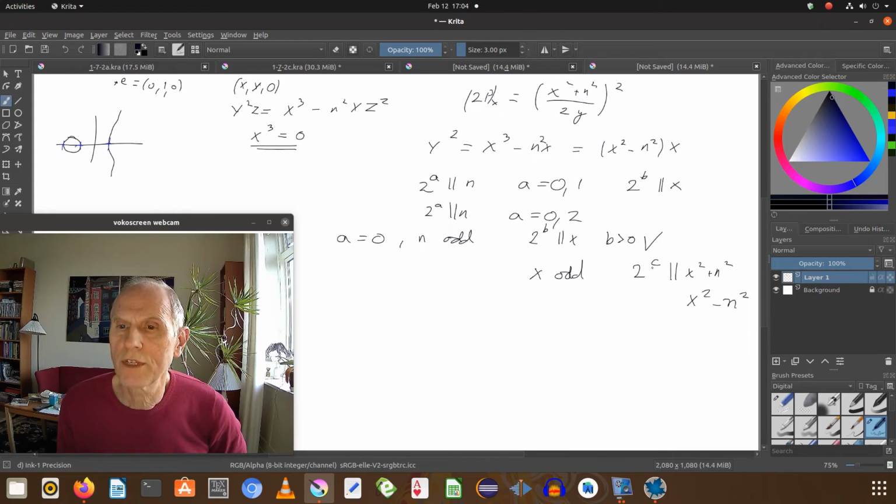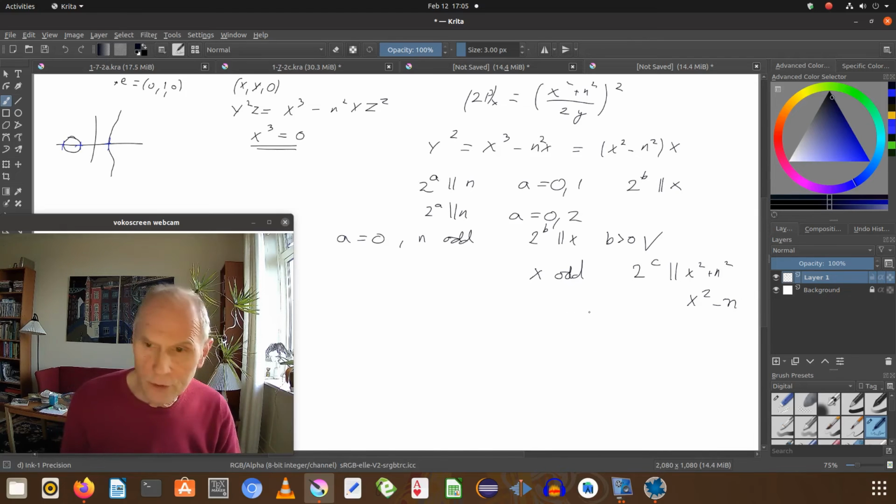So if c is 1, it becomes complicated pretty quickly. So let's do c equals 1 first.